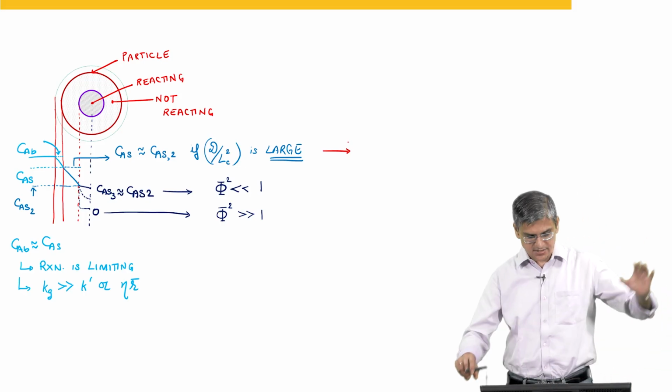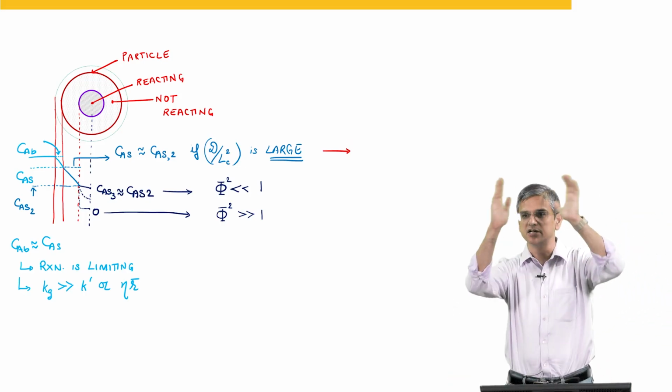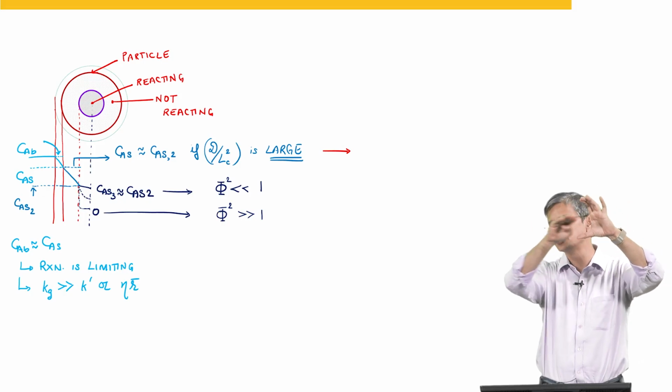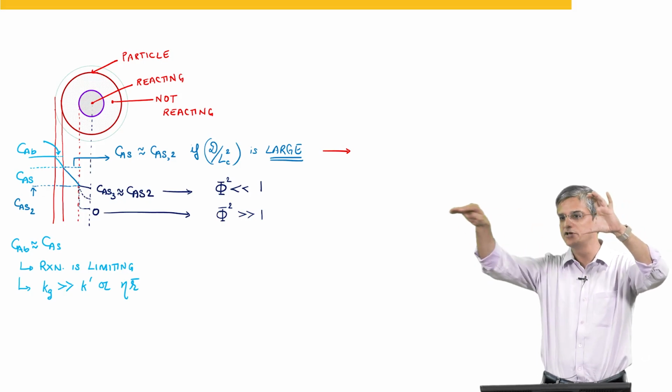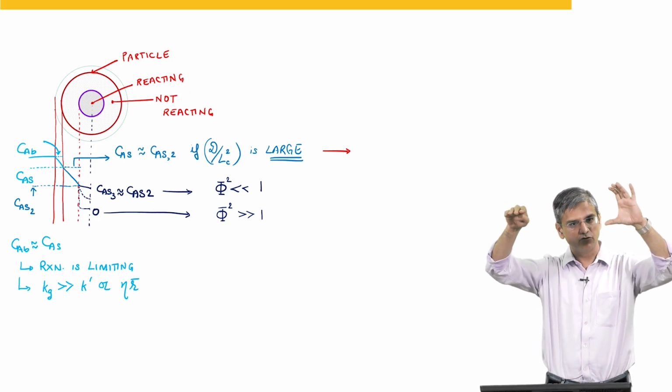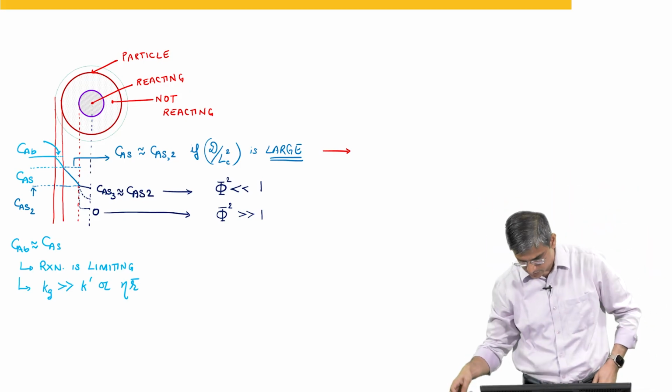This particular case, we talked about it yesterday. If the gas phase species concentration is uniform throughout the core, the reaction rate is going to be constant throughout the core.